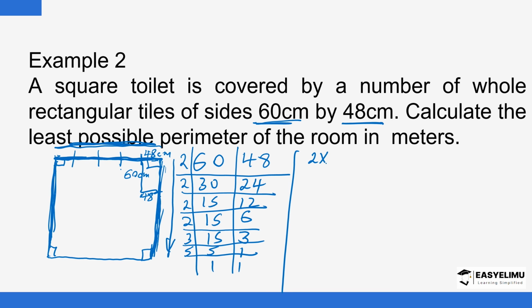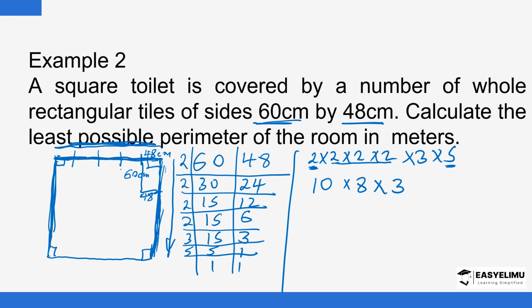So I have 2 by 2 by 2 by 2. How many 2s are there? 4. And then by 3 by 5. So let me try and multiply 5 by 2 to give me 10. Then I multiply 2 by 2 by 2, 3 times to give me 8. And this 8 you multiply finally by 3.